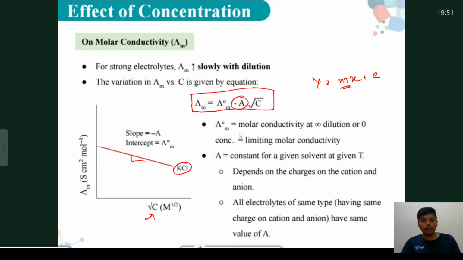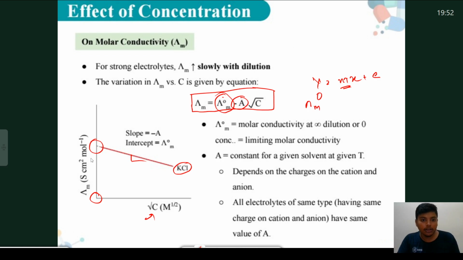Now what is lambda not m? Let's suppose dilution is high, concentration zero, meaning you dilute the solution too much, so there is no interaction between ions.